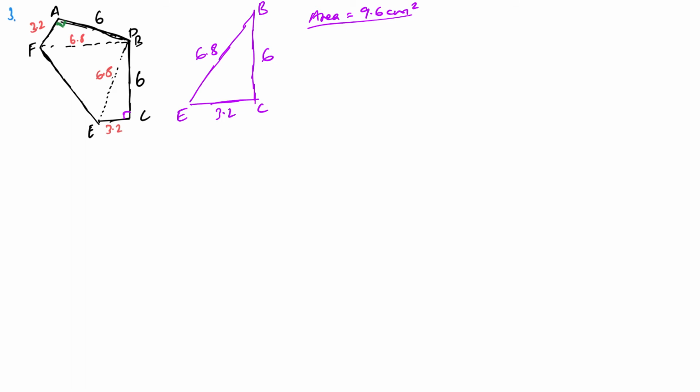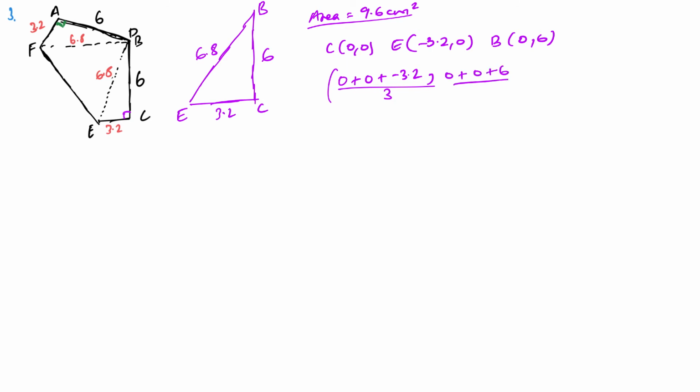Coordinates are much easier. So going from C, C's coordinates are 0, 0. E's coordinates are minus 3.2, 0. And B's coordinates are 0, 6. So looking at this, we've got 0 plus 0 plus minus 3.2 for my x's here, and then 0 plus 0 plus 6 for my y's.